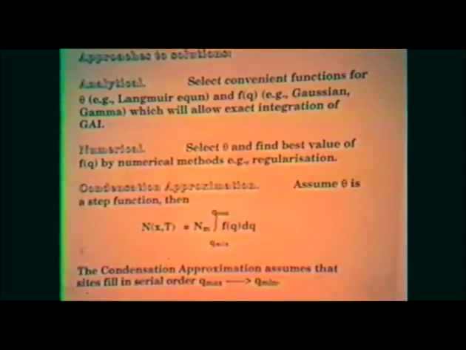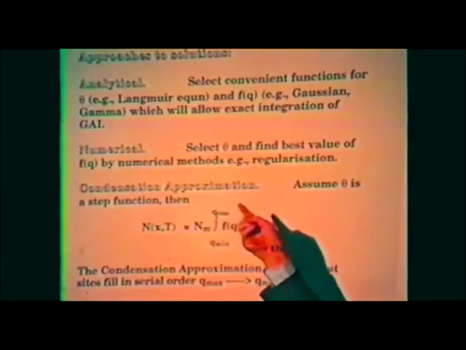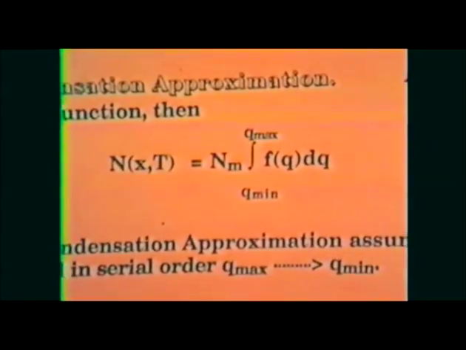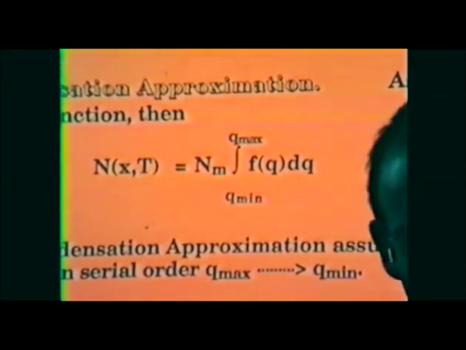And the third approach, which Roger mentioned, is the condensation approximation, where you assume that theta is a step function. He already mentioned this. And I was going to say, but I think he's made the point very clearly, that you can derive the well-known Dubinin-Radushkevich equation if you assume a condensation approximation.